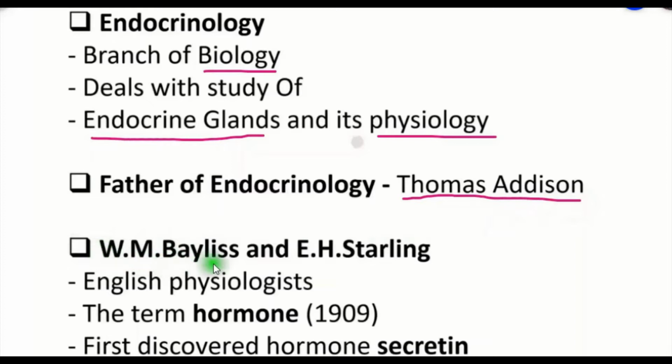Then W.M. Bayliss and E.H. Starling, they are English physiologists. They introduced the term hormone, and they discovered the hormone secretin. So secretin is the first hormone discovered.